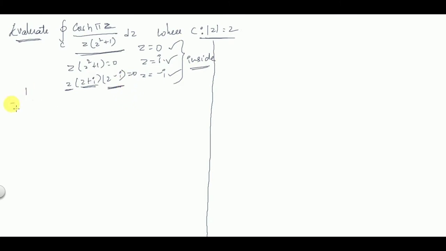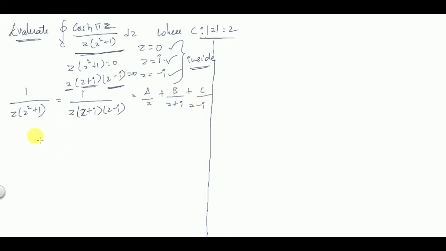Okay, so first of all we have to take the denominator and find the partial fractions. So this can be written as 1 by z into (z plus i) into (z minus i). So it will be a by z plus b by (z plus i) plus c by (z minus i).